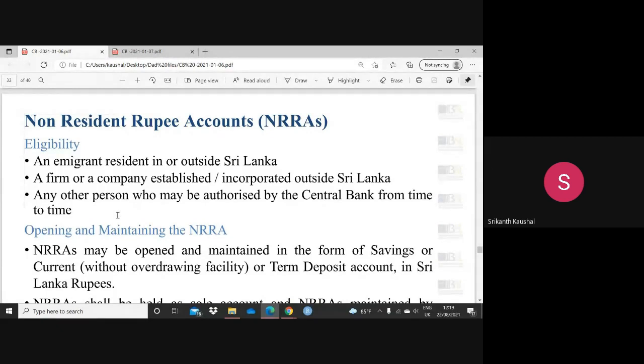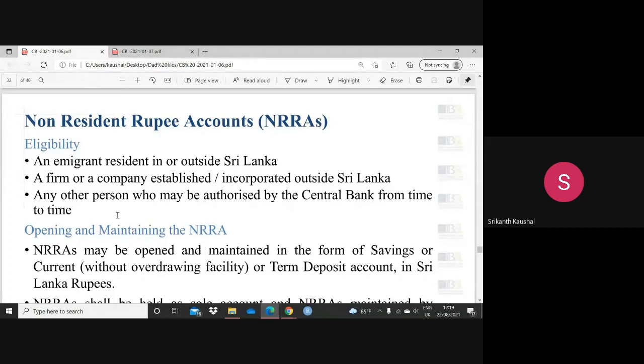So the central bank, when they brought this restriction, there had been some issue. What was the issue? Some Sri Lankans living abroad wanted to open a normal rupee account. So even a Sri Lankan working in the Middle East, when they wanted to open a rupee account, all this time banks were opening CTRA.